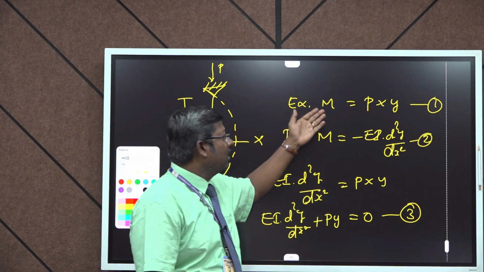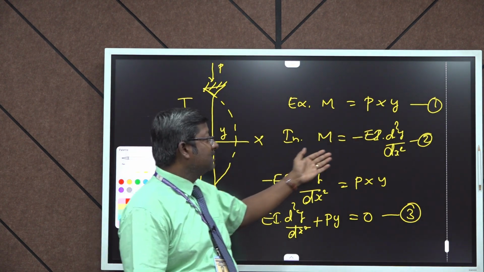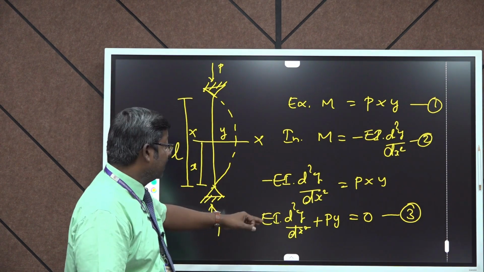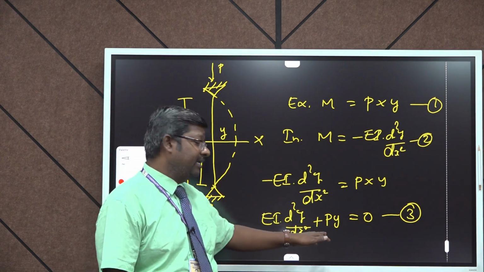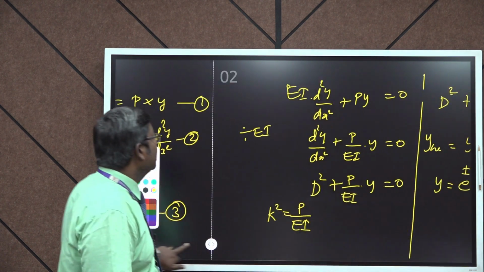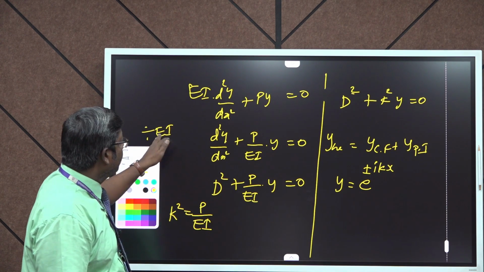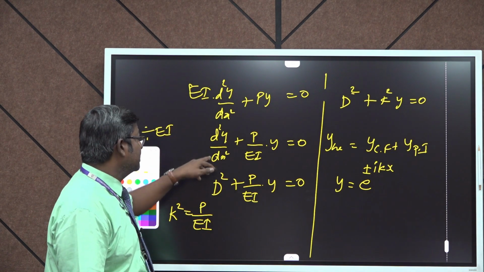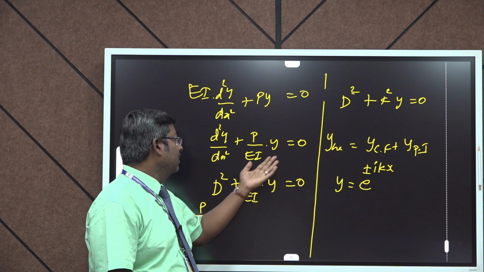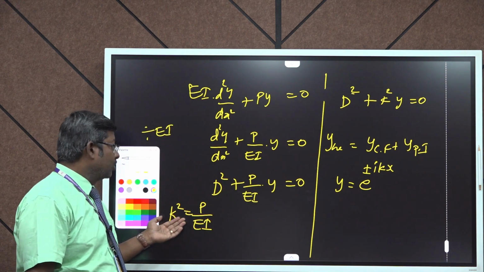The external moment is P into y, and the internal resisting moment is minus EI into d square y by dx square. So, the equation is EI d square y by dx square plus Py equal to 0. It is taken as third equation. Now, it has been divided by EI on both sides. So, the final equation is d square y by dx square plus P by EI into y equal to 0. We have taken k square equal to P by EI.